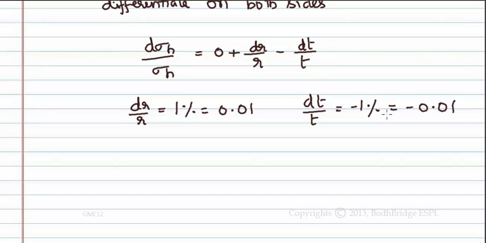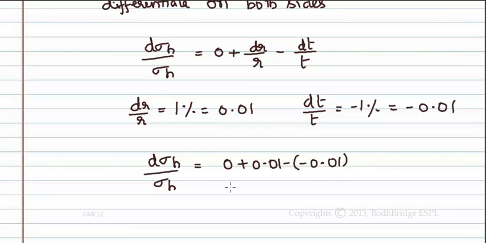Now substitute these values in the above equation. d sigma h by sigma h is equal to 0 plus 0.01 minus minus of 0.01, which is equal to 0.01 plus 0.01 equal to 0.02.